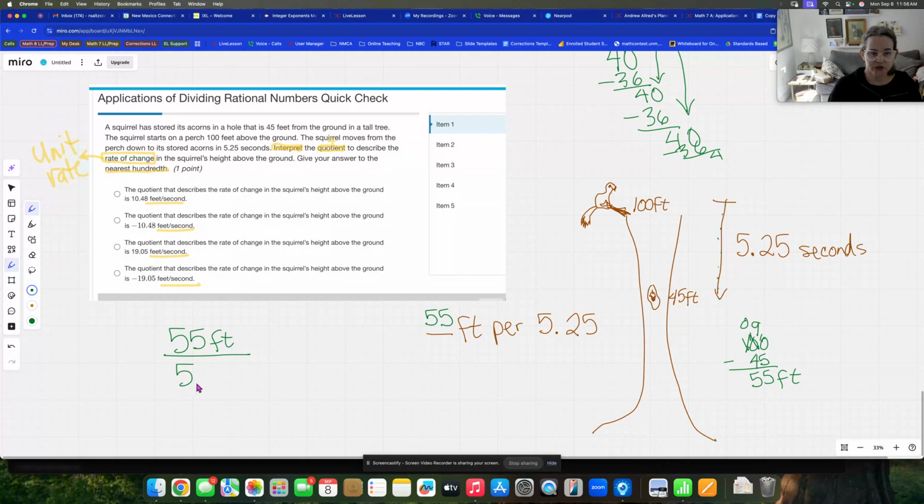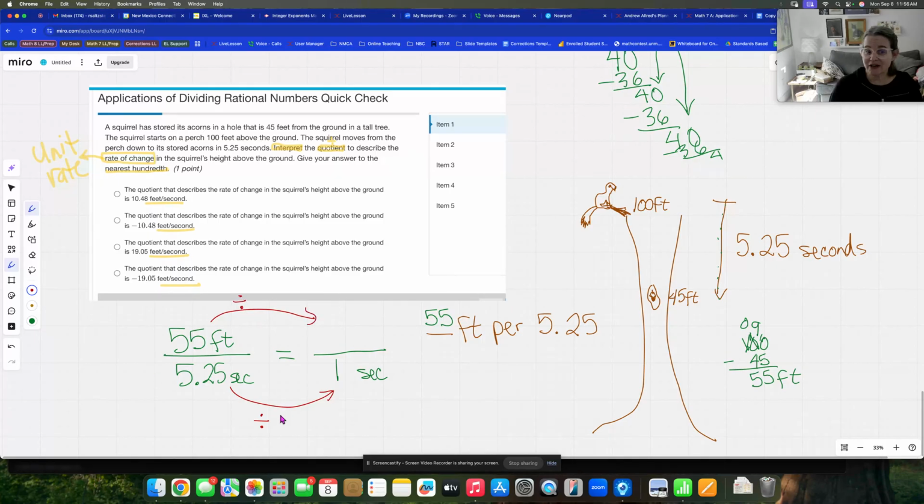Per 5.25 seconds. Now here's the deal. I want this to be per 1 second. And remember that with fractions, you are allowed to divide the denominator as long as you also divide the numerator by the same number.